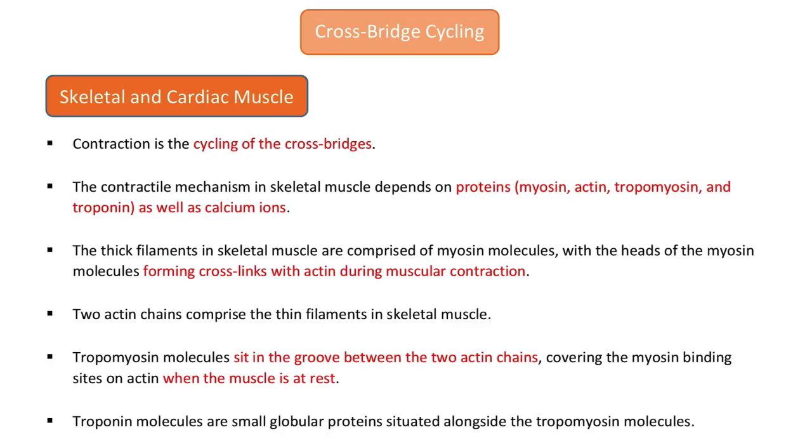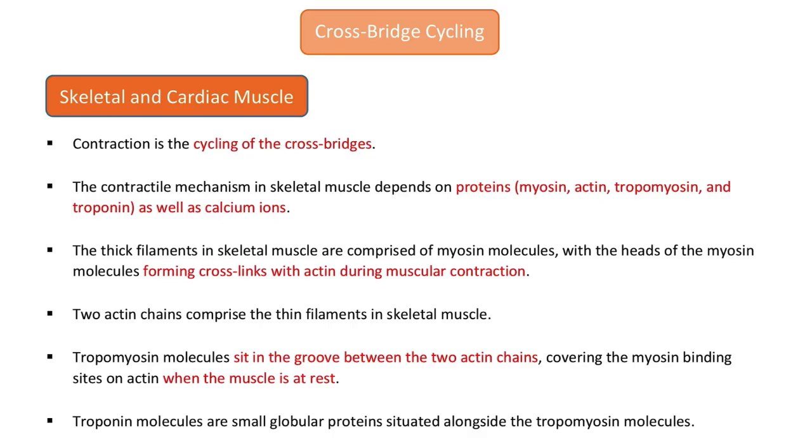Thin filament components: actin, two chains forming helical structures, and tropomyosin. It lies in the groove between the actin filaments and blocks myosin binding sites at rest. Next, the troponin complex, which has three subunits.